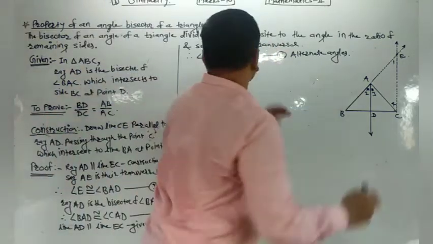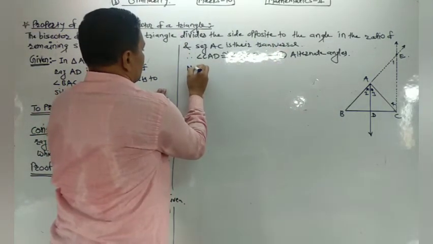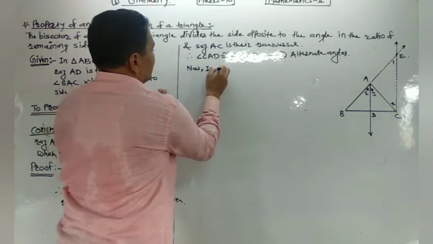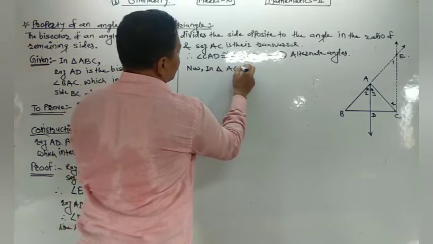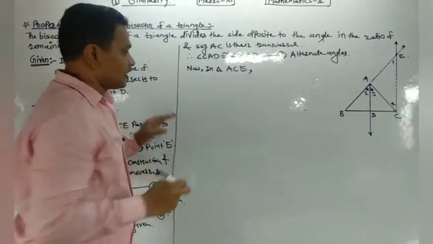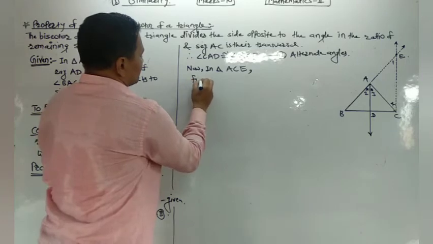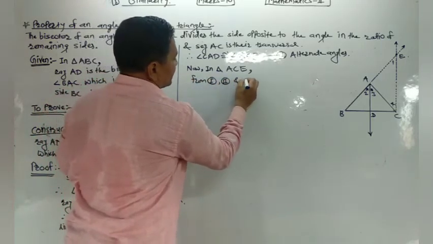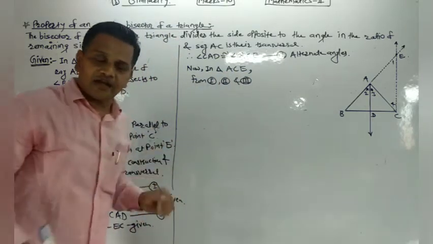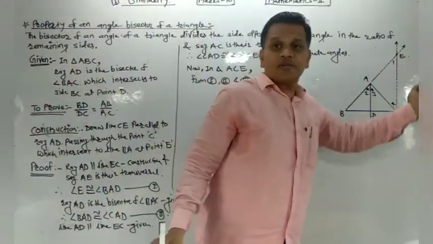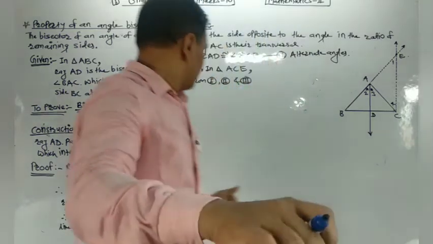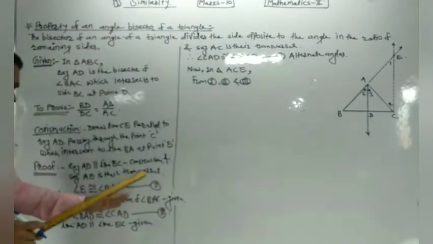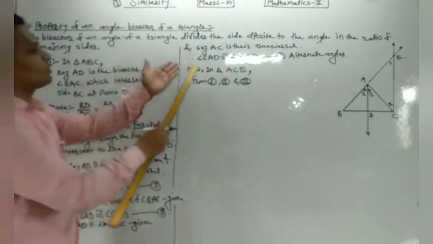Now in triangle ACE, from first, second and third, we say that angle number 1 is congruent to angle number 4. Means angle E is congruent to BAD, BAD is congruent to CAD, and CAD is congruent to ACE.